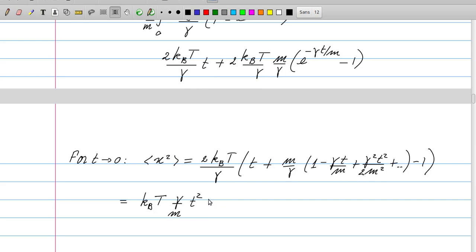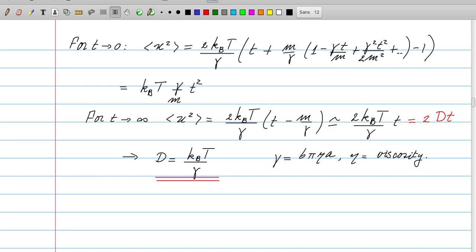And this indicates that for very short time scales, and that short means that t is a lot smaller than m over gamma, we have ballistic motion, because the displacement itself is proportional to t, so the displacement squared is proportional to t squared. And that's just the motion of a free particle. And that tells us that the collisions have not yet shown their effect if the t is smaller than m over gamma. When the collisions come into effect, then we cross over to a different behavior.